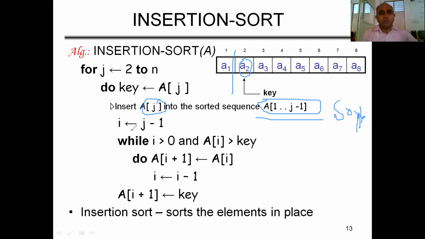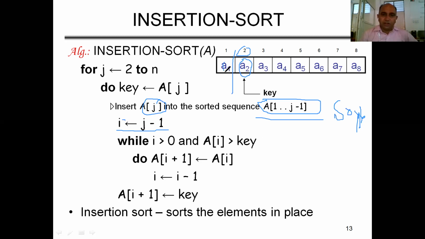Now how can we compare? We have to compare with the a1 element. So we have to take another variable, that is i equal to j minus 1, because j is having the value 2, then i will be having the value 2 minus 1, that is 1. We have to compare our key with ai. Ai means the value of a1 is greater than key.